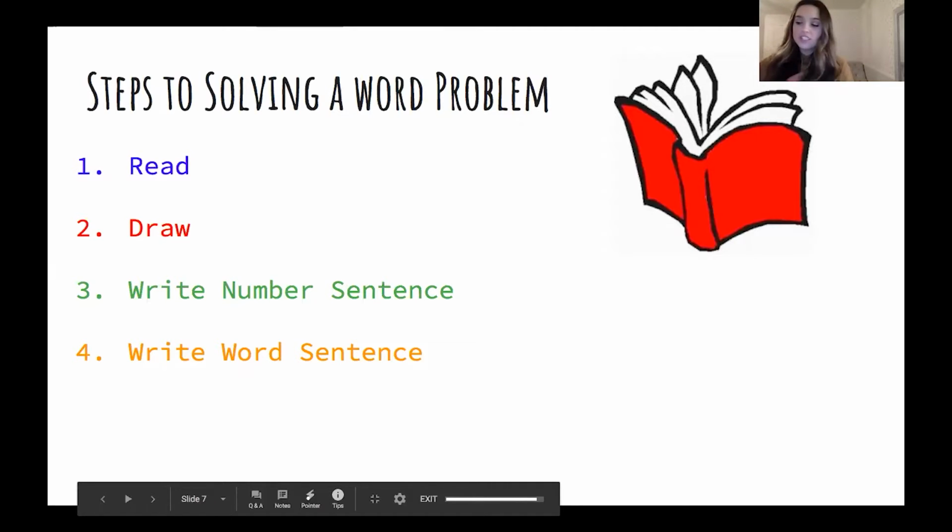And of course, we will walk through problems with these steps in mind. So we will write a number sentence, and number 4, we write a word sentence. You may not have heard of a word sentence, but all that is is giving an answer in the form of a sentence.